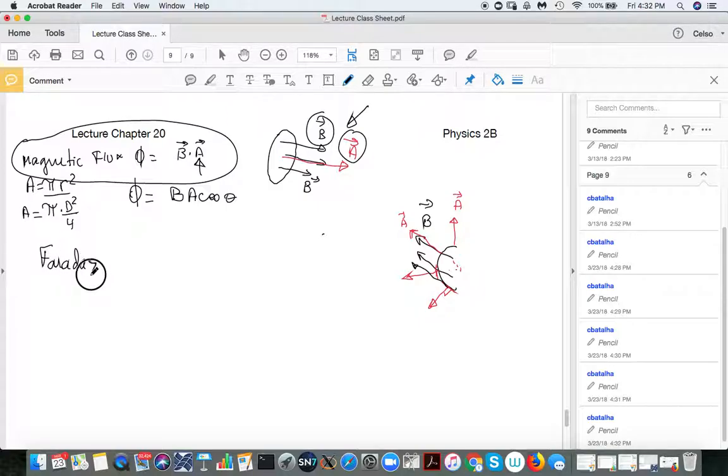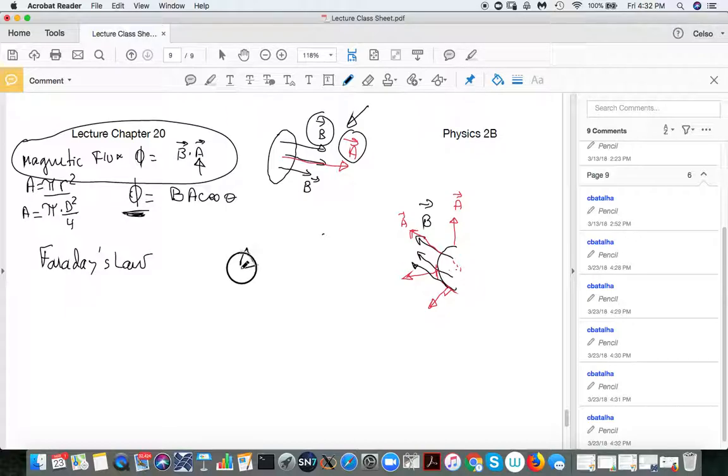Faraday's law. So Faraday's law tells us the following thing. If you have a magnetic field somewhere in space and you have a loop through it, these magnetic fields happen to be passing, then you define magnetic flux.